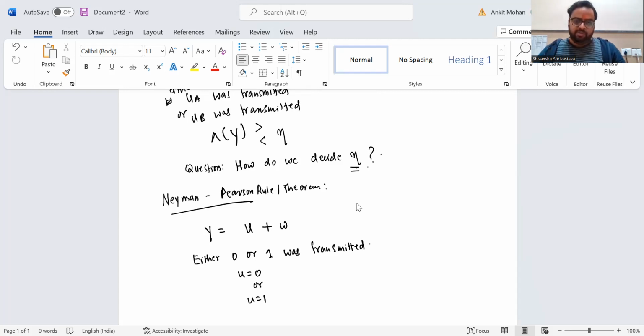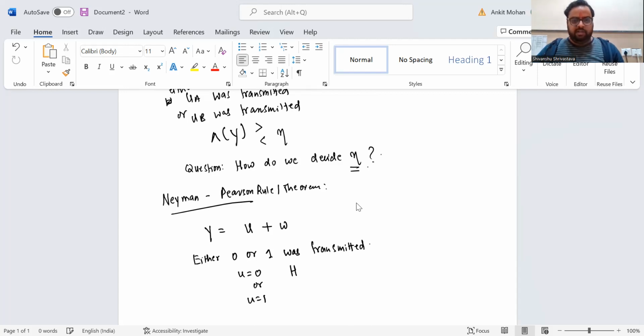Now we have to formulate a hypothesis from our side based on the observation Y. We have to decide which symbol, which value, was transmitted based on the received signal Y. So our hypothesis will say that either U is equal to 0 or U is equal to 1 was transmitted.